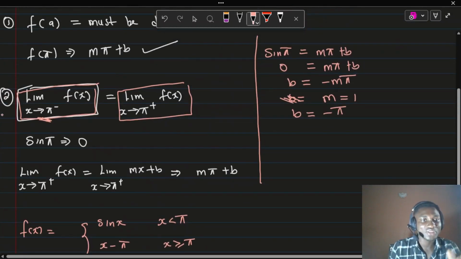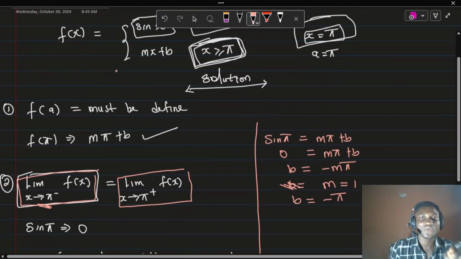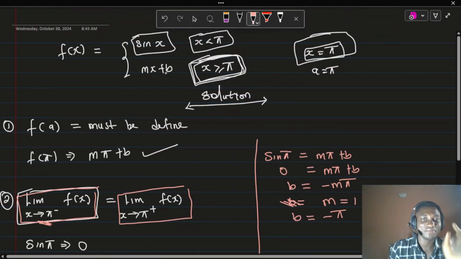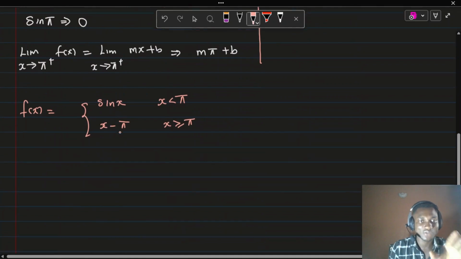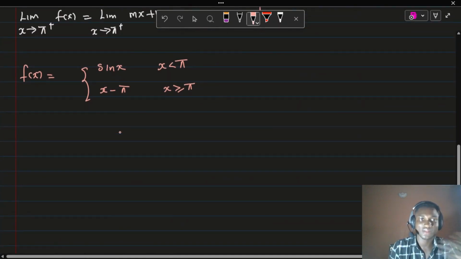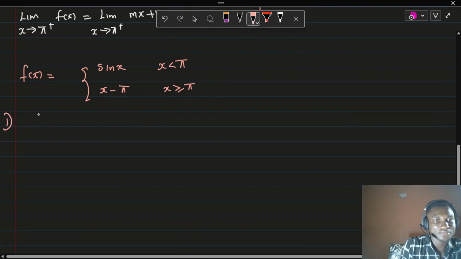Remember that we did not test for the third step here. The reason is that we have to find the value of m and b that will make this function continuous. So let's check if the function is continuous or not. The first step is f of a. We want to check if it is continuous at x equal to pi.